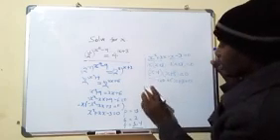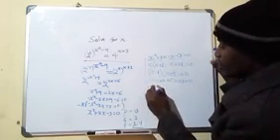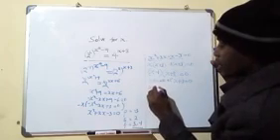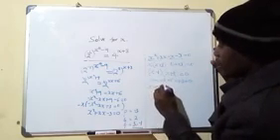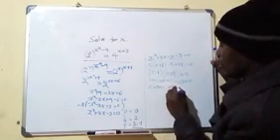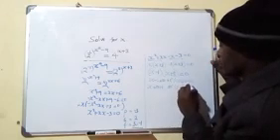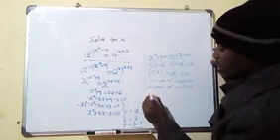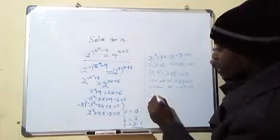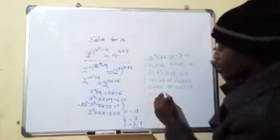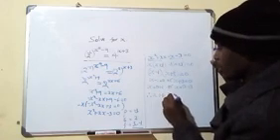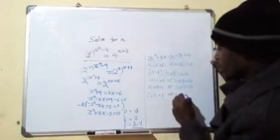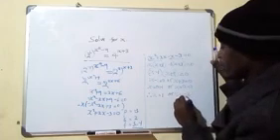We continue the next step. It will be x is equal to 0 plus 1, or x is equal to 0 minus 3. So our final answer will be x is equal to 1, or x is equal to negative 3.